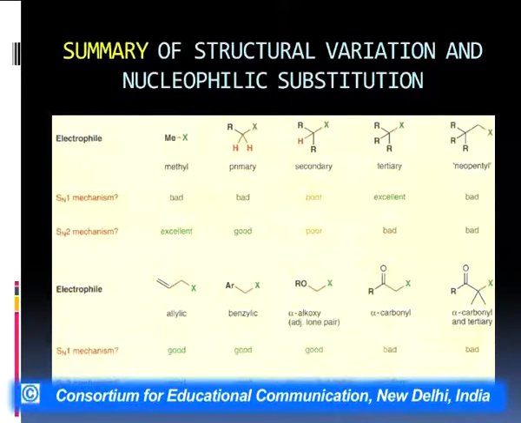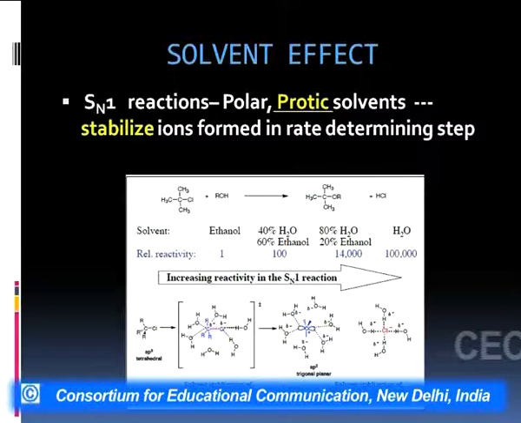Now the second point that we have to keep into consideration is another very important factor, that is the solvent factor, which can just tip over the reaction. We know that in SN1 mechanism, the intermediate formed is a carbocation. That is, the intermediates involved are ions. So in this case, protic polar solvents will favor this reaction.